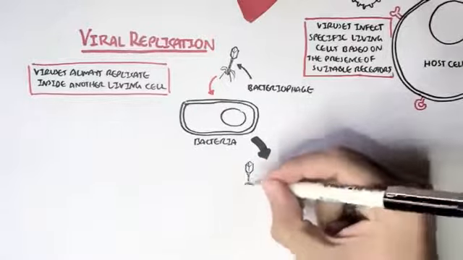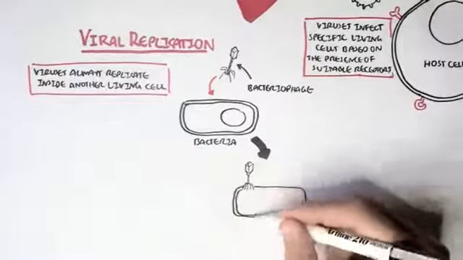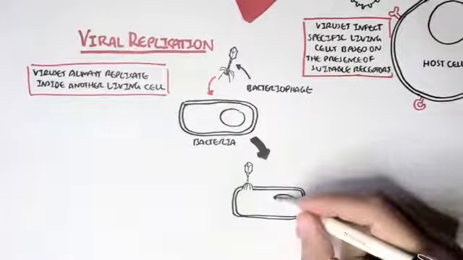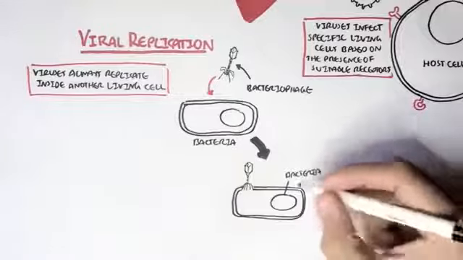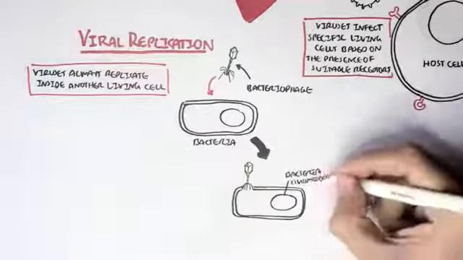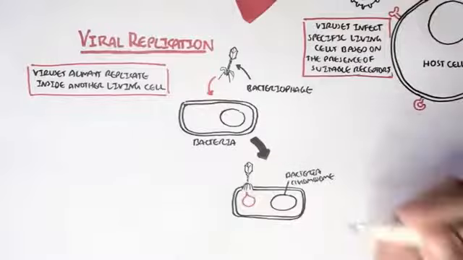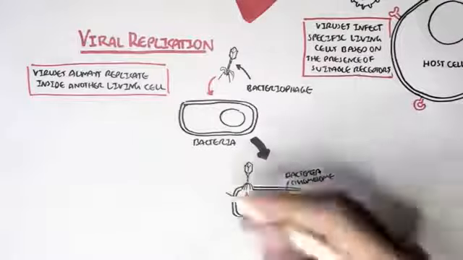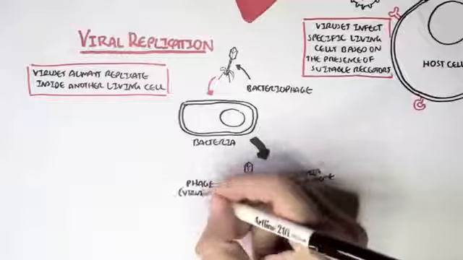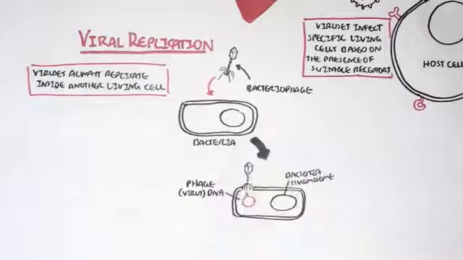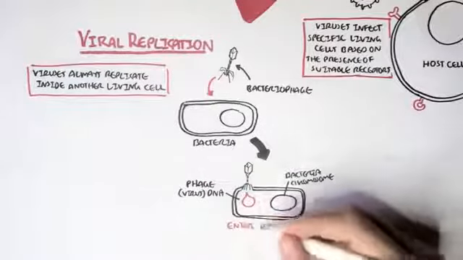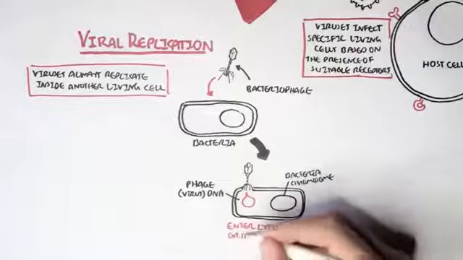The bacteria contains its own unique DNA here. Let's call it the bacterial chromosome. When the bacteriophage, the virus, attaches onto the bacteria, it will release its genetic material. In this case, it's releasing the DNA from the capsid.